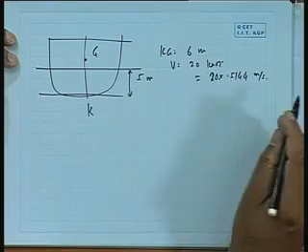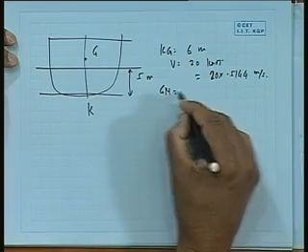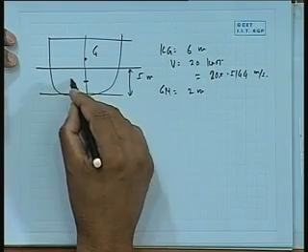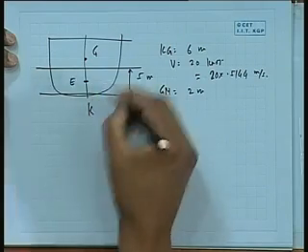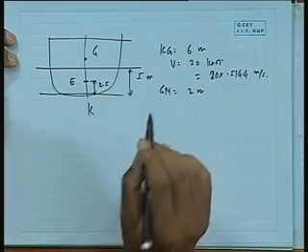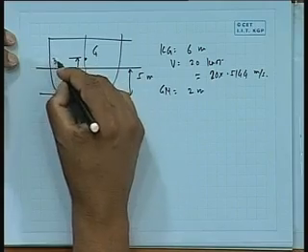KG we are taking as 6 meter, and GM is given as 2 meter. So what I mean is that you can take point E to be halfway to this draft, so you can take this to be 2.5 meter. And therefore, this is 3.5.